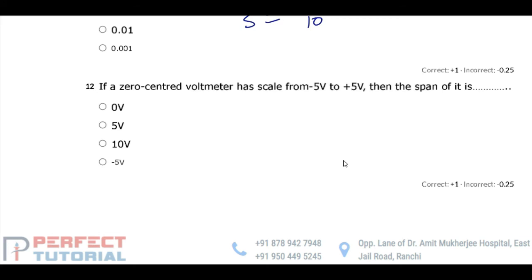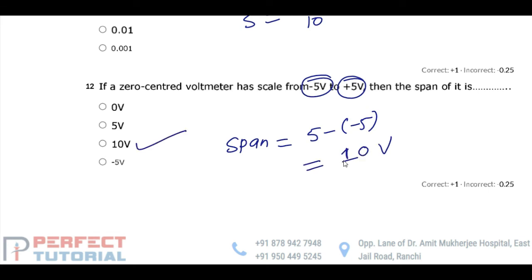Next, if a zero centered voltmeter has scale from minus 5 volt to plus 5 volt, then the span of it is. See, the span of an instrument, particularly for zero center type instrument, is equal to the difference of the maximum value and minimum value. Here the maximum value is plus 5 volt, minimum value is minus 5 volt. So take the difference, 5 minus of minus 5, should give 10 volt. So plus 10 volt would be the correct answer here.